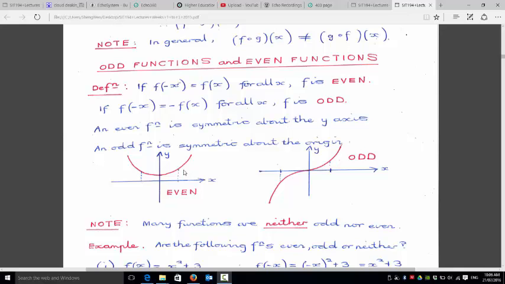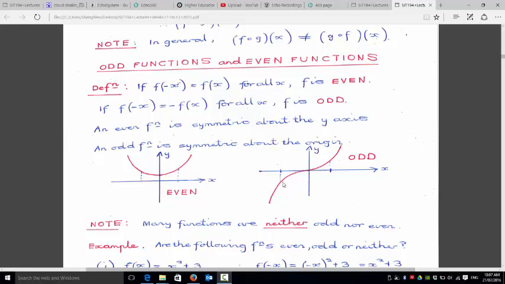We can also have an odd function. So in geometry, an odd function is symmetric about the origin. You can have a look at the right hand side sketch.